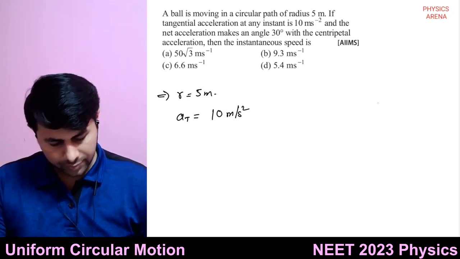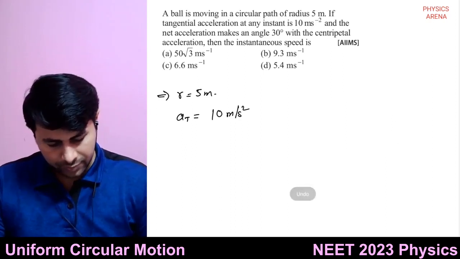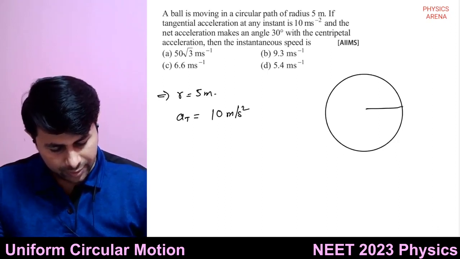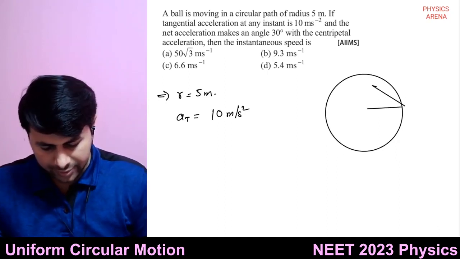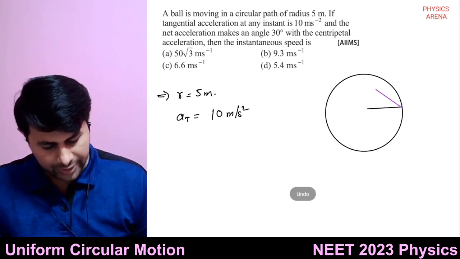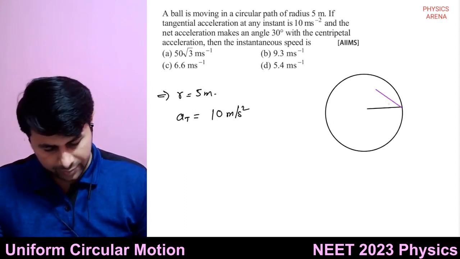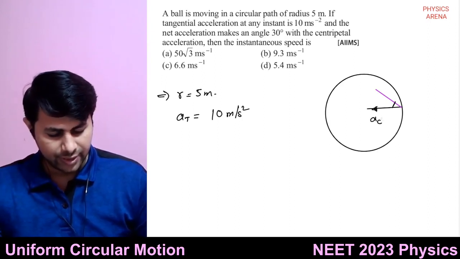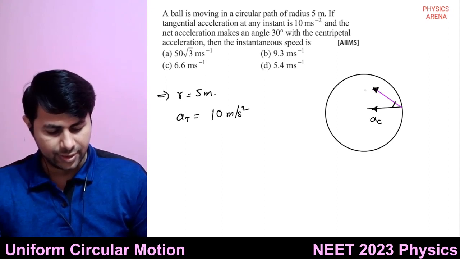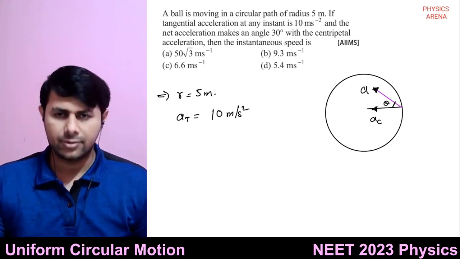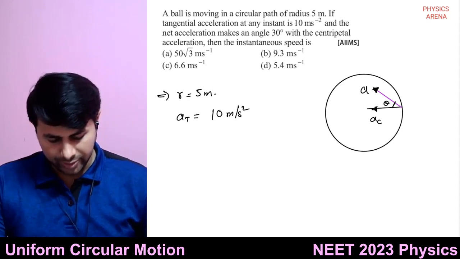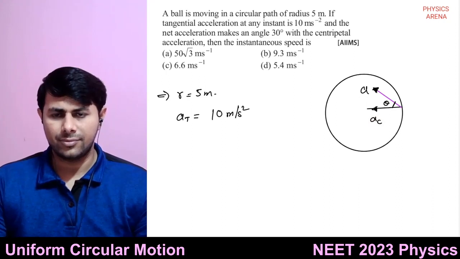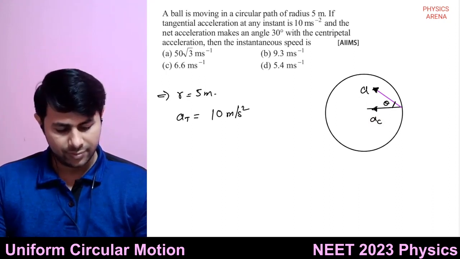So okay, so centripetal acceleration and the net acceleration, this angle is given, this is 30 degrees, right? So this is AC, this is total acceleration A. Okay, so from this we can find out AC. Tan theta equal to tangential acceleration by centripetal acceleration.